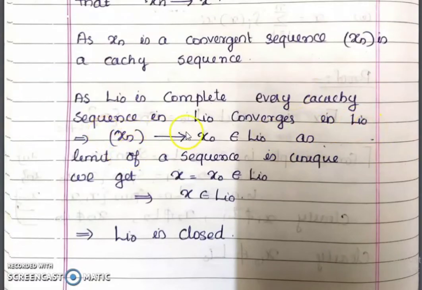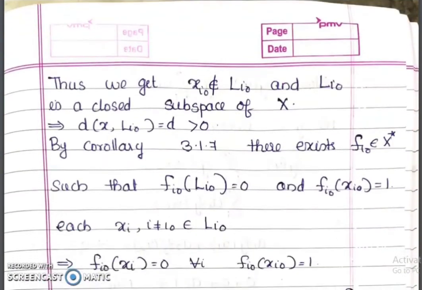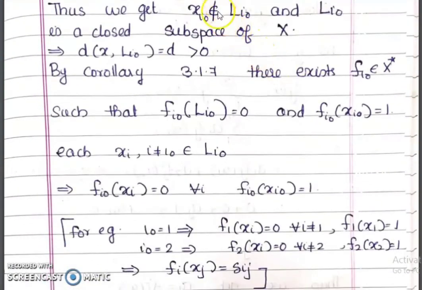That means this Cauchy sequence converges to some x naught in Li naught. But we know that the limit of a sequence is unique. Therefore, Xn converges to x and Xn converges to x naught. This implies x equals x naught, which implies x belongs to Li naught. Therefore, Li naught is a closed subspace. Thus, we get xi naught does not belong to Li naught and Li naught is a closed subspace of X.